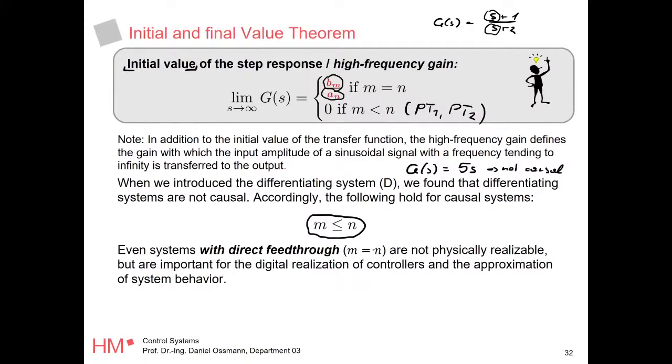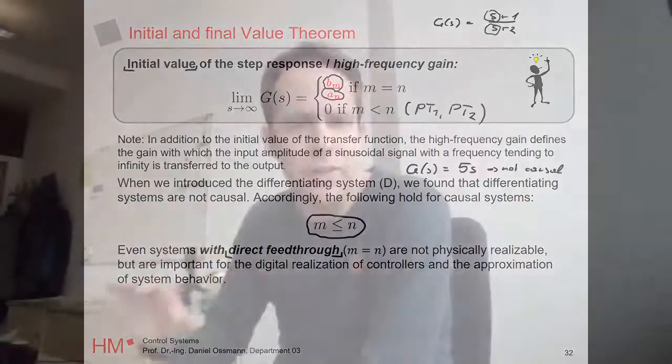If m is equal to n, this is what we call a direct feed-through. In German, it's called direkter Durchgriff. That means your input directly influences the output when it appears. And this is, again, rarely possible in nature. Because remember, when you sit in your car and you fully hit the throttle, it's not going immediately, right?